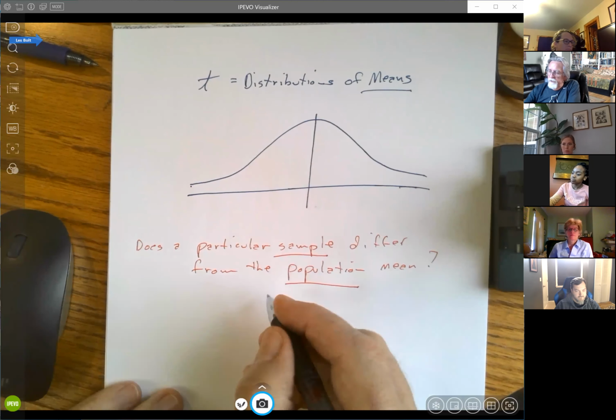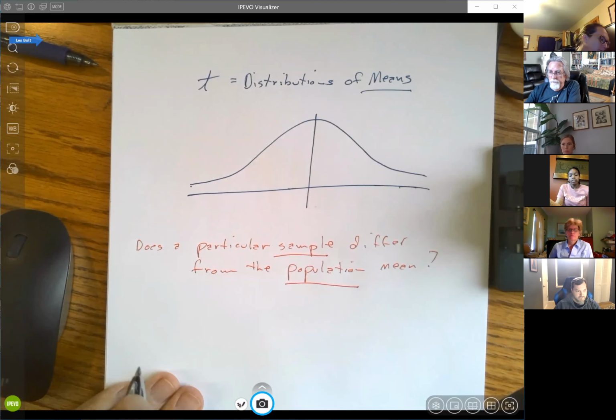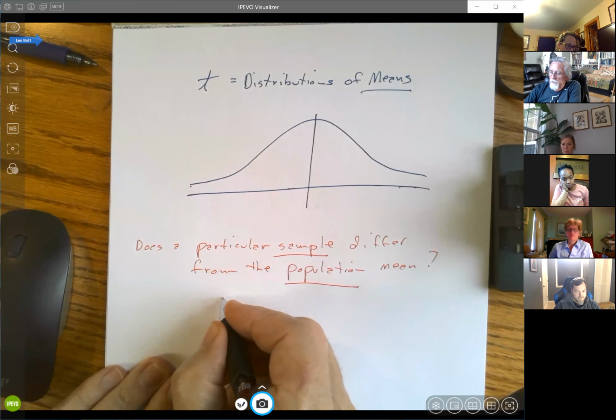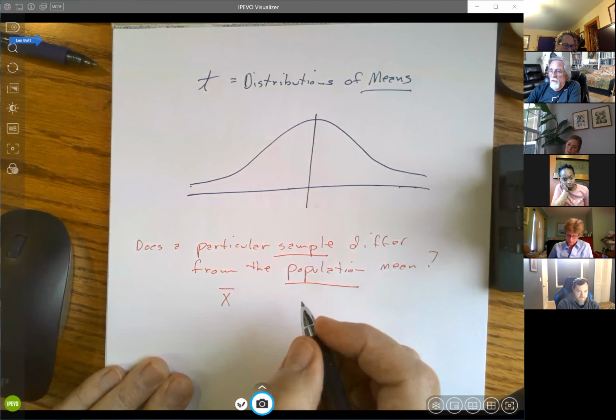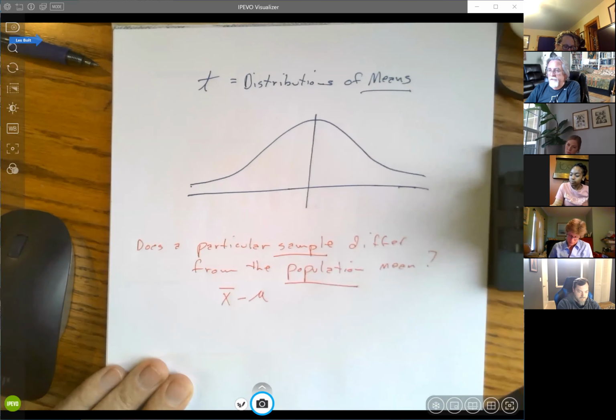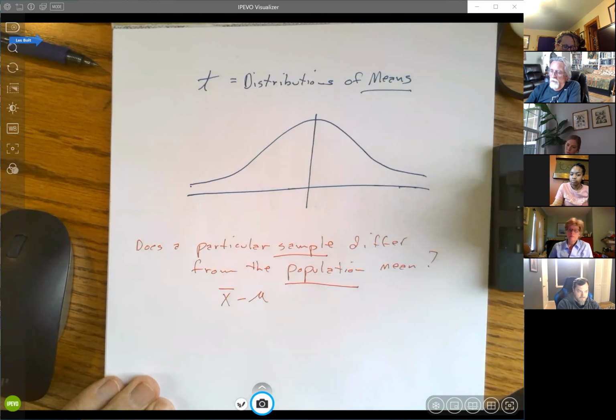And that particular statistic, which will look familiar, is the sample mean minus the population mean, and that's the big M, the big mu.